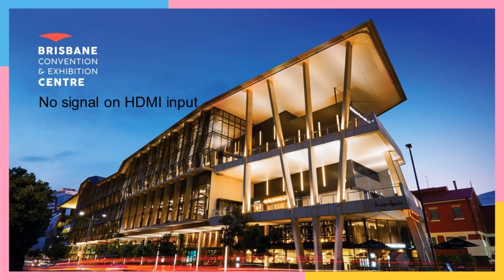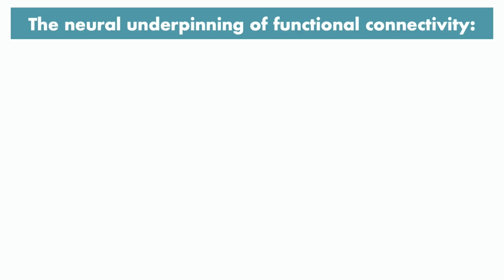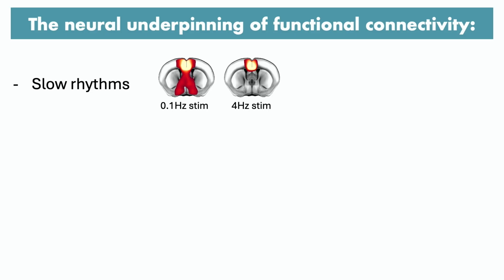What have we learned about the neural underpinnings of functional connectivity? Well, with this work, we've put into question some of the previous assumptions about the rhythms that could support and contribute to functional connectivity. I've shown that slow rhythms support functional connectivity and not faster rhythms, such as 4 Hertz.